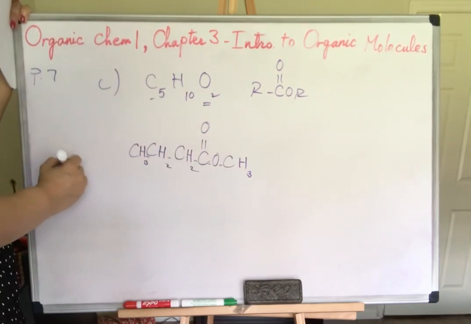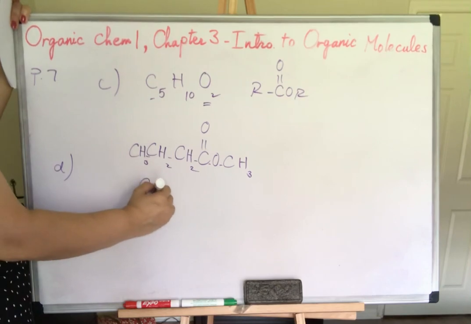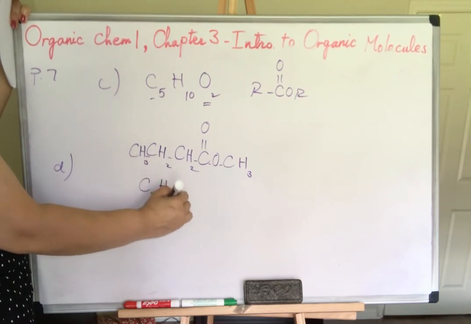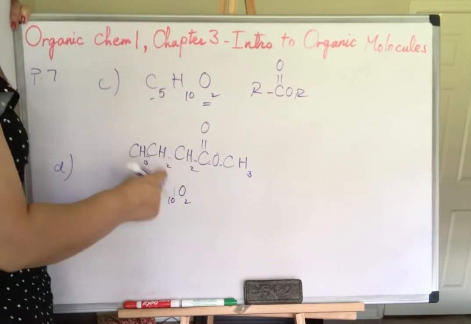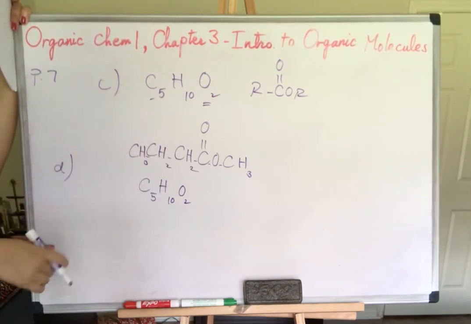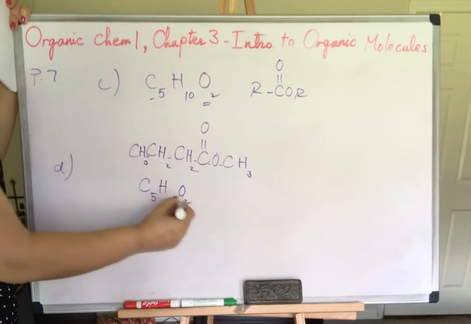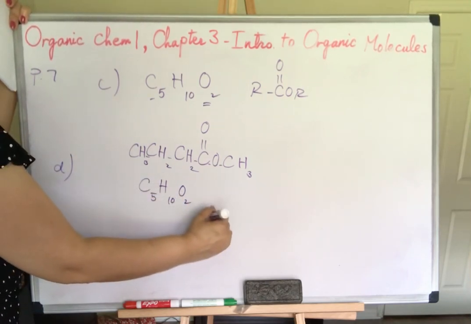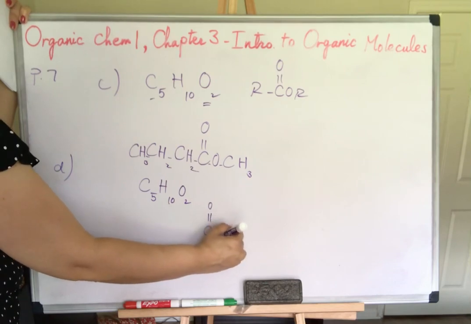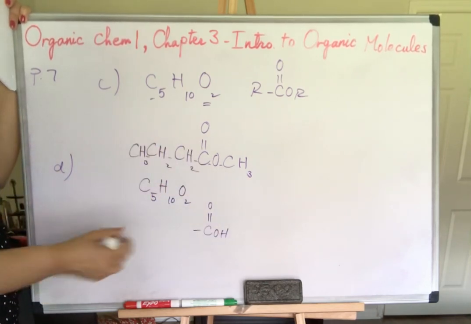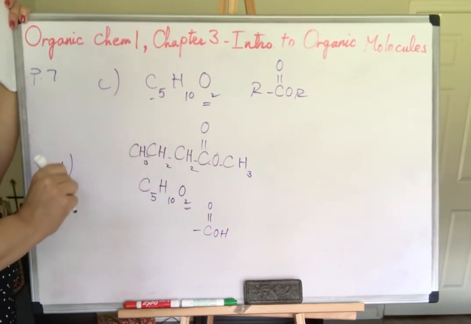And finally D, for a carboxylic acid with this formula. You see these are all isomers, but different functional groups, different arrangements. So for carboxylic acid you have COOH at the end. So we use both of the oxygens.